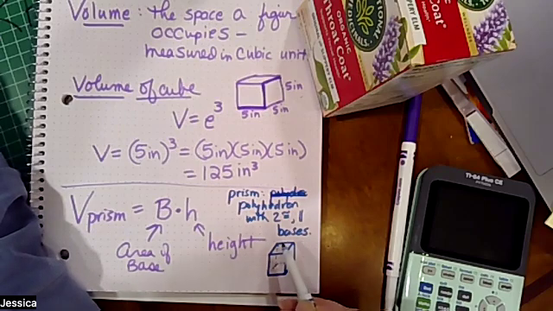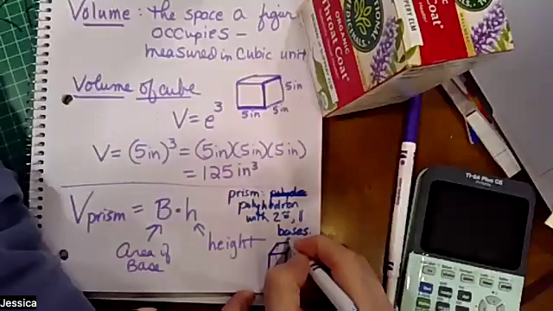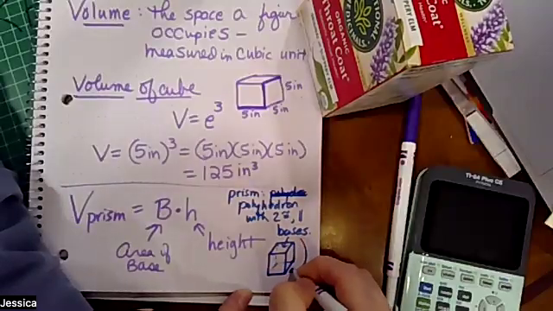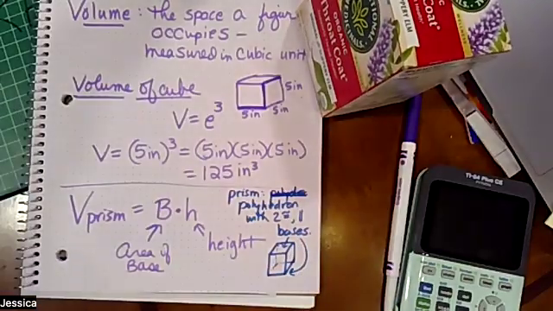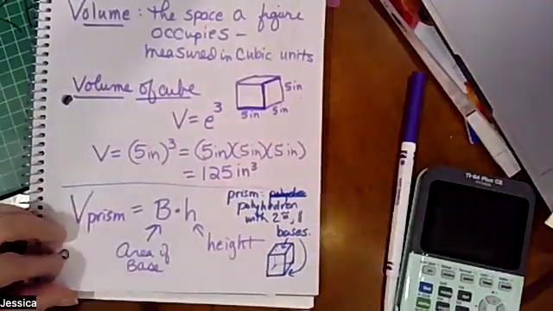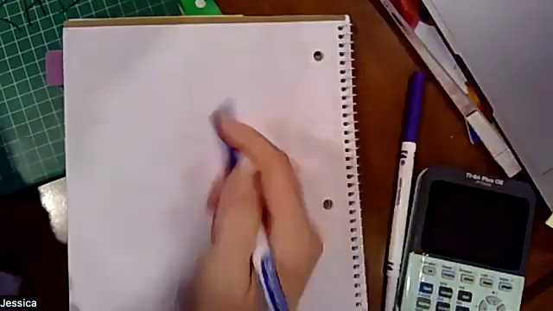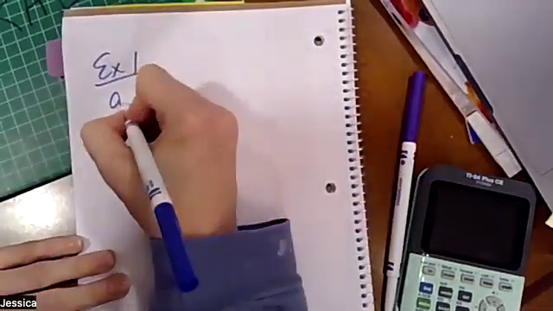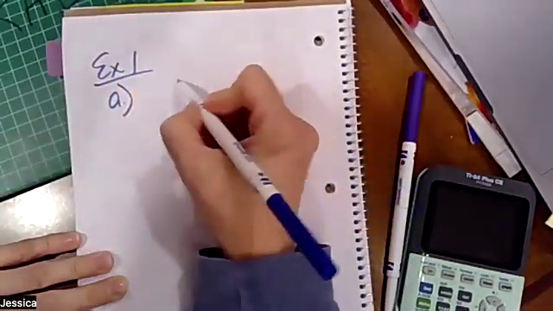Notice those two congruent parallel bases on top and bottom. So, tell you what, I will draw arrows to help. So there's your prism, and now let's start doing some of these problems. Okay, so for example 1, you'll have something like this, and I'm going to draw this.